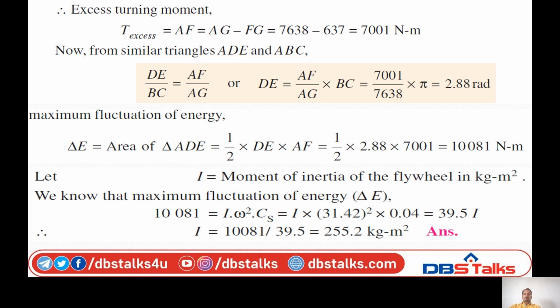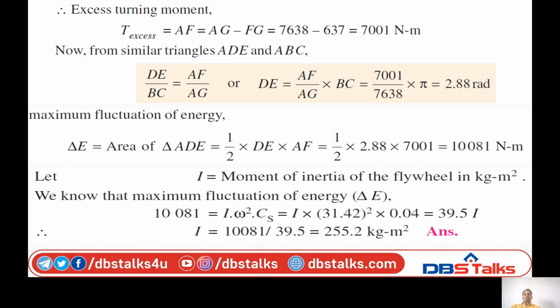Let I be the moment of inertia of the flywheel. We know that the maximum fluctuation of energy, delta E, is equal to I omega square into Cs. The excess energy is I, the mass moment of inertia, into omega, 31.42 whole square, into Cs, the coefficient of fluctuation of speed, which we take as 4 percent, that is 0.04.